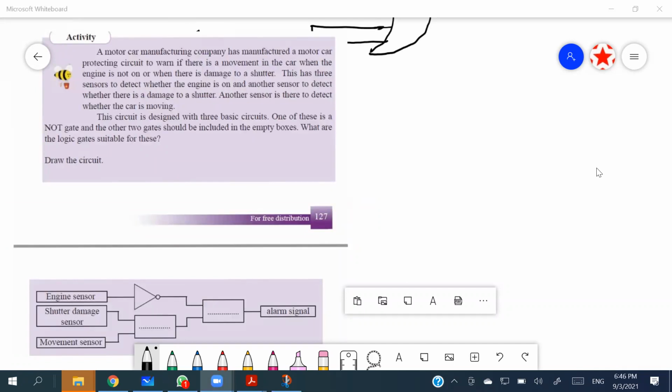Rusira, you have slightly missed one gate.